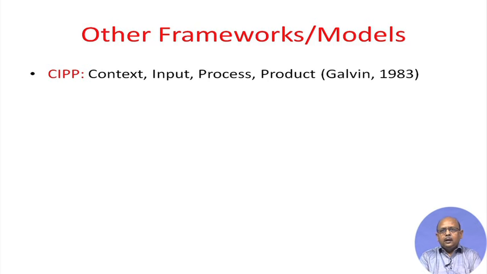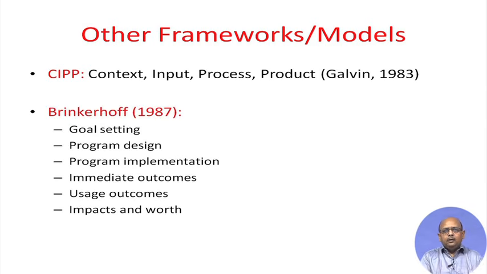And then you see who is being trained, what kind of method is being used, and then what is the outcome. So, these 4 things are actually related to this CIPP model. Then we have another model, known as the Brinkerhoff model, and it has 6 stages in the process.